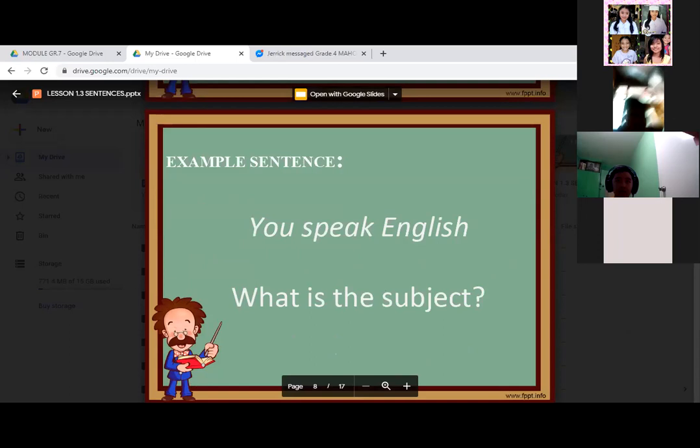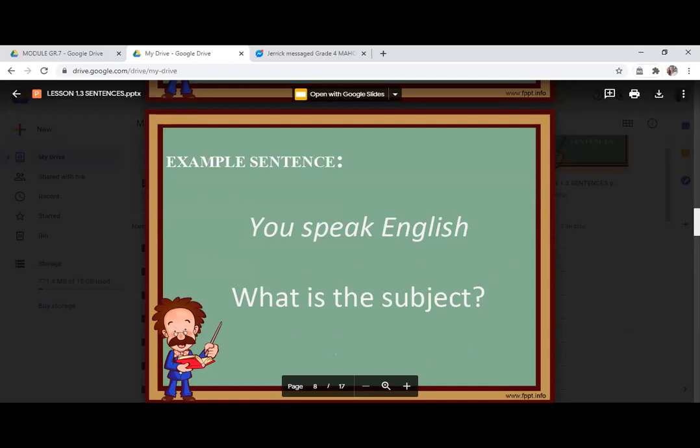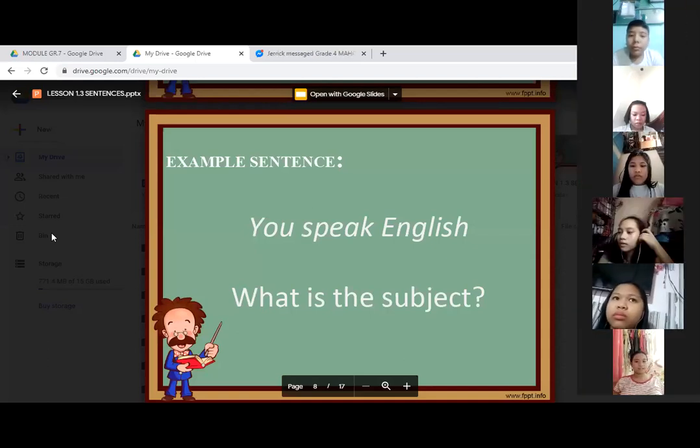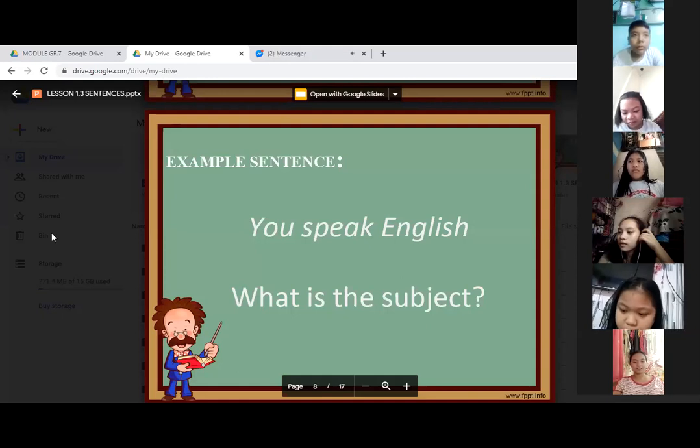Bakit hindi kaya si English yung subject? I mean, bakit yung word na English, bakit hindi siya yung subject? Sige nga, anyone? Why the term English is not considered a subject? Because what? Sino bang nagsasalita ng English? Yung English. Do you get me, class? No. So basically, it is not the subject because it is not the doer of the action.